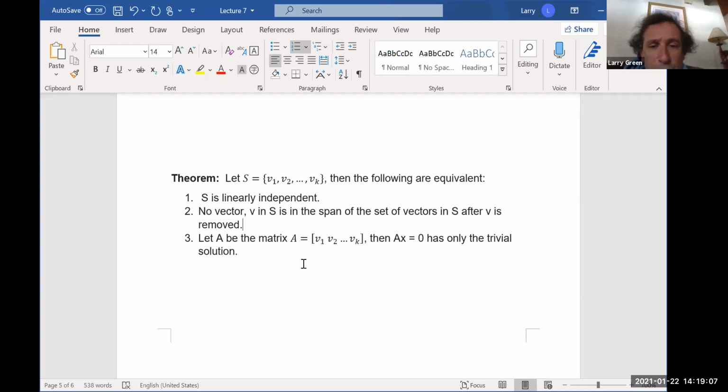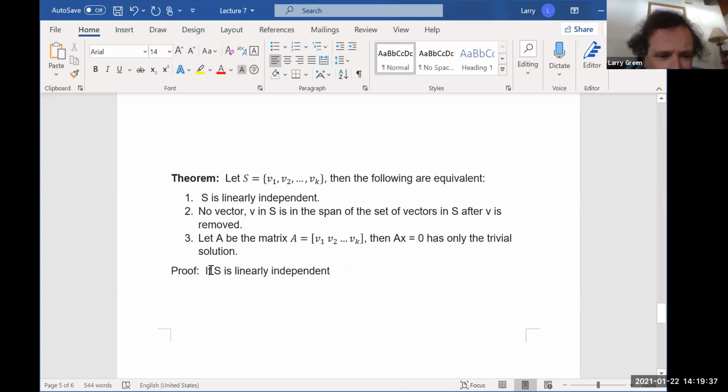So I thought I'd prove 1 and 2. That means that if S is linearly independent, let me give you a proof of part of it at least. If S is linearly independent, then we know what that means at least.